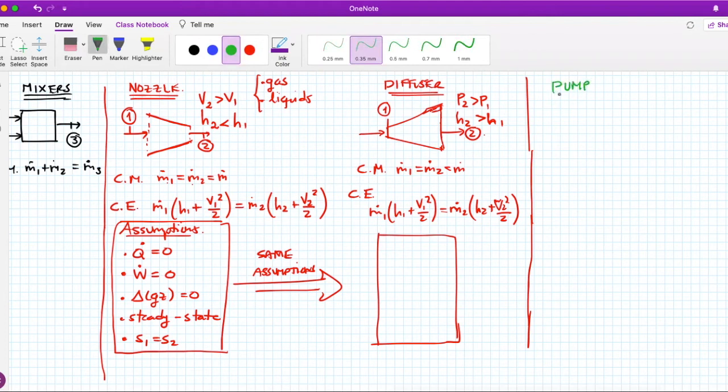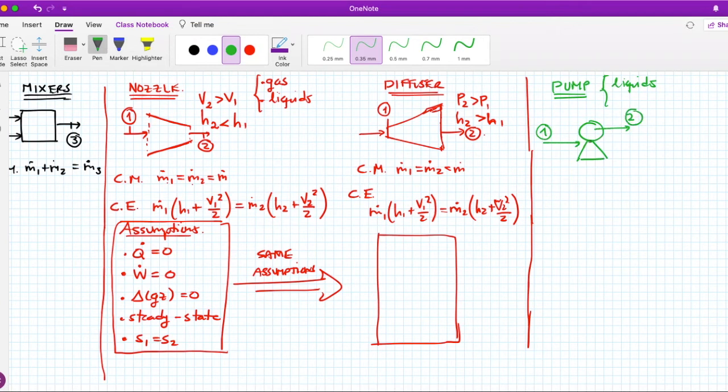So pumps, or a pump. Pumps are for liquids. If you want to put a gas inside, then you will talk about a compressor. Most of the times, or well, I have known that this is the symbol for a pump. This is 1, okay? So 1 goes in and 2 goes out.